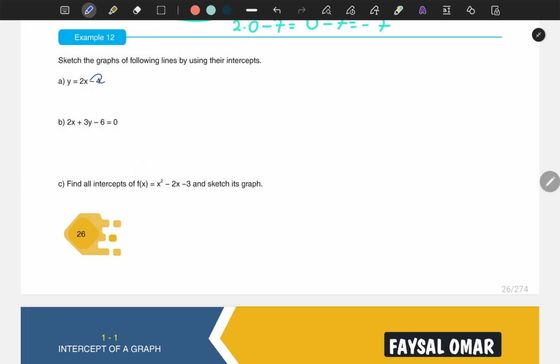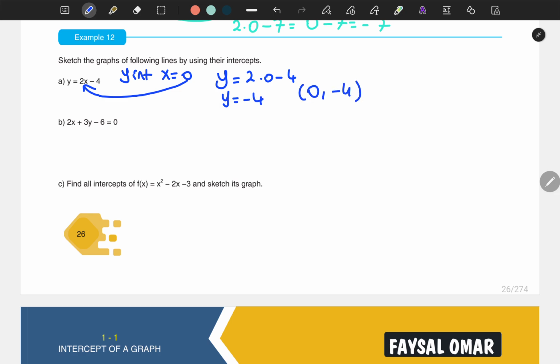For the first one, let me find what? Guys, the y-intercept. X equal to what? 0, isn't it? Can I replace the 0 here? Y is equal to 2 times 0 minus 4. Y is equal to what? Negative 4. It means x is 0, y is negative 4. For the next one, I will try to find the x-intercept, which is y equal to 0.